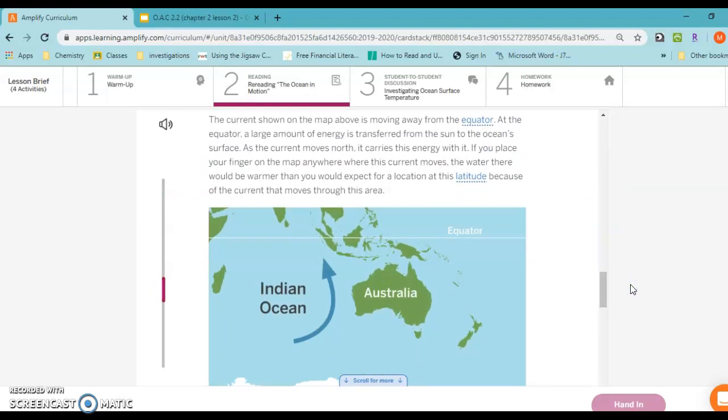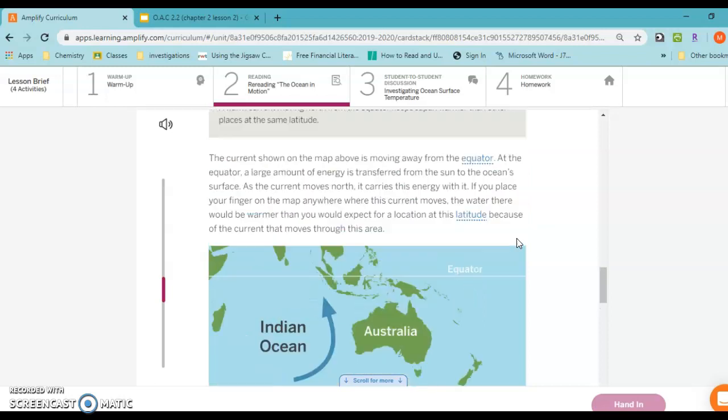Paragraph 4 says the current shown on the map moves away from the equator. At the equator, a large amount of energy is transferred from the sun to the ocean surface. As the current moves north, it carries energy with it. If you place your finger on the map anywhere this current moves, the water there would be warmer than you would expect for a location at this latitude because of the current that moves through this area.